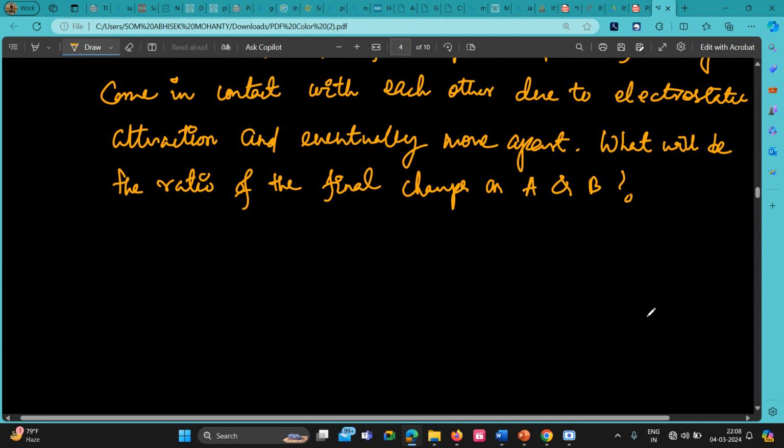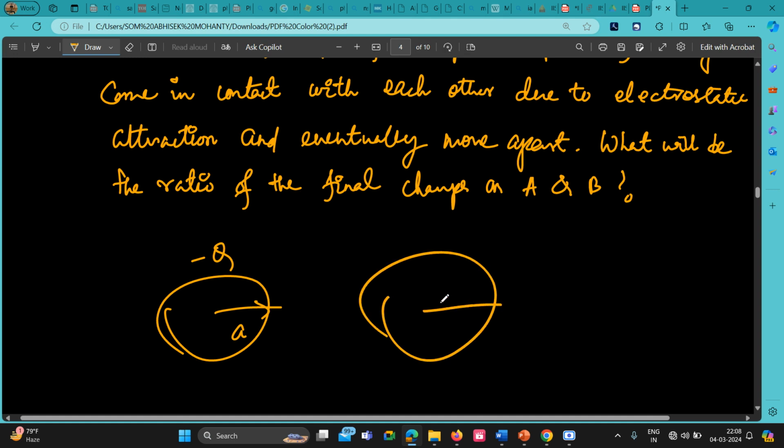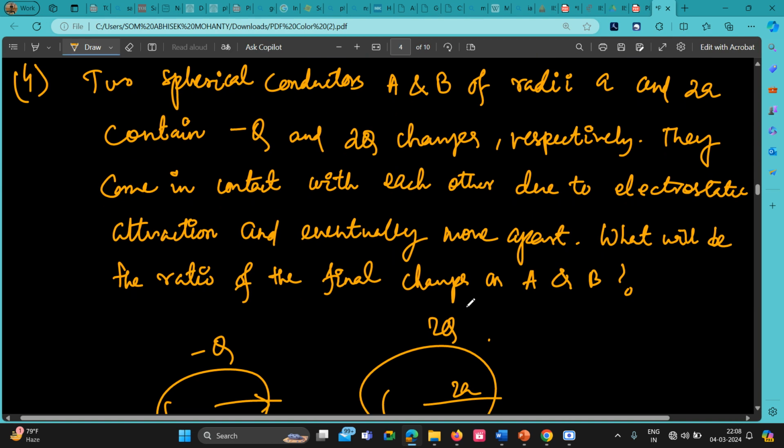Okay, the two spheres are here. This is your A, minus Q. This is your 2A. This is your 2Q. Two spherical conductors A and B of radii A and 2A contain minus Q, 2Q charges respectively. They come in contact with each other due to electrostatic attraction and eventually move apart. What will be the ratio of the final charge on A and B?